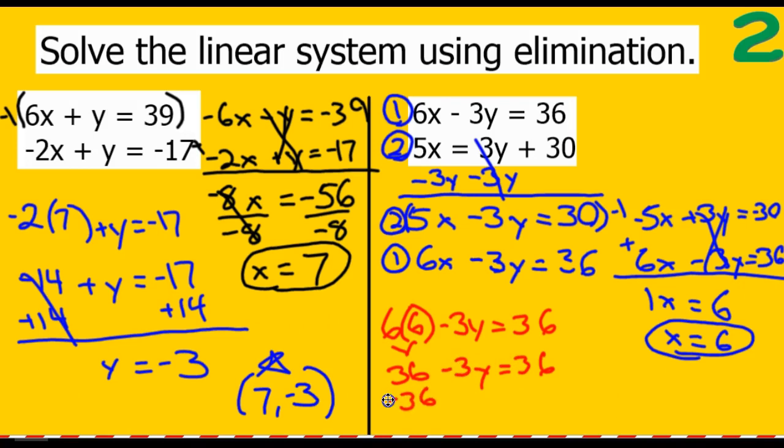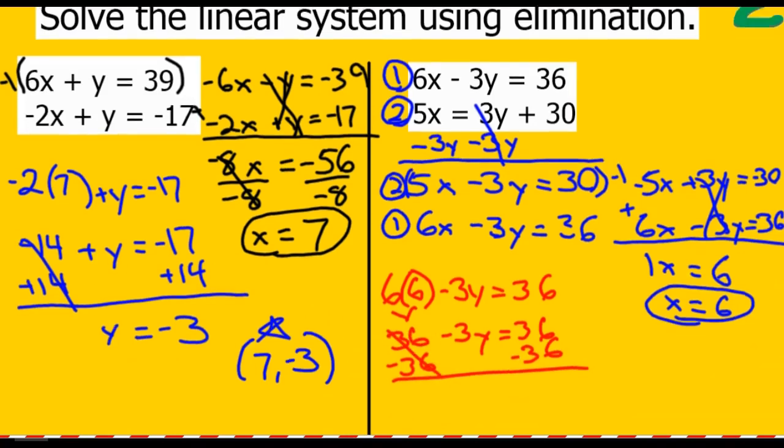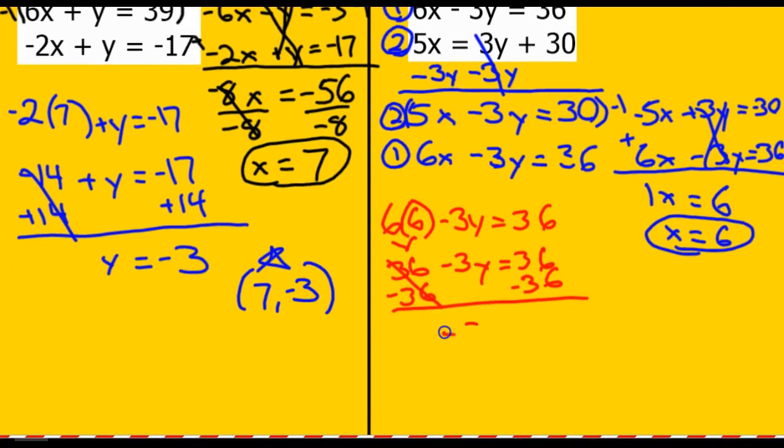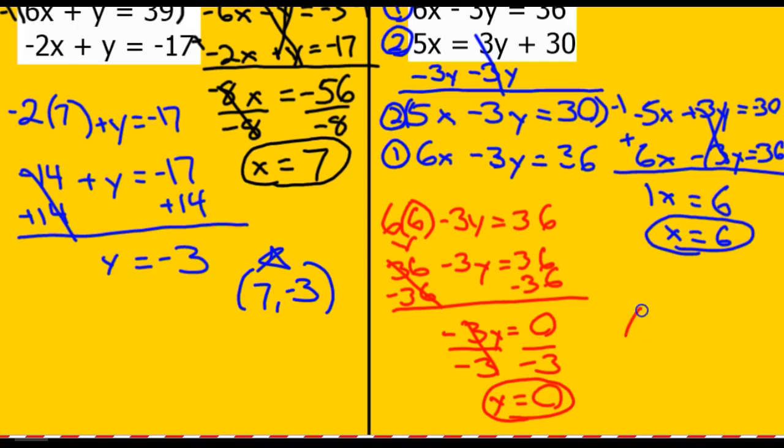So if we subtract 36 from both sides, we get a negative 3y equals 0. If we divide that by negative 3, our y still equals 0. So our solution then is 6, 0.